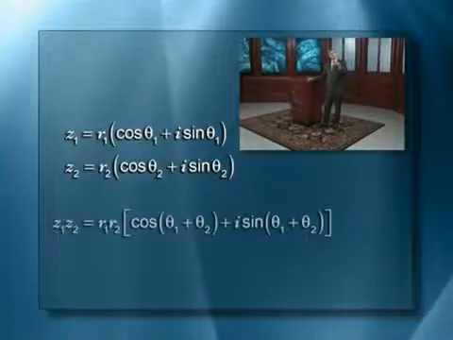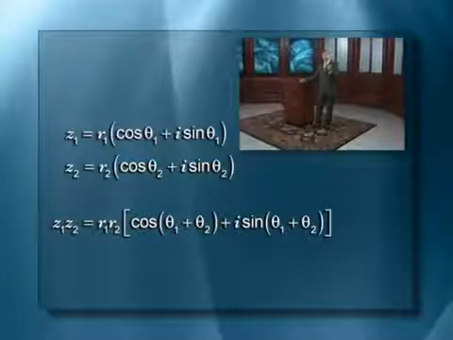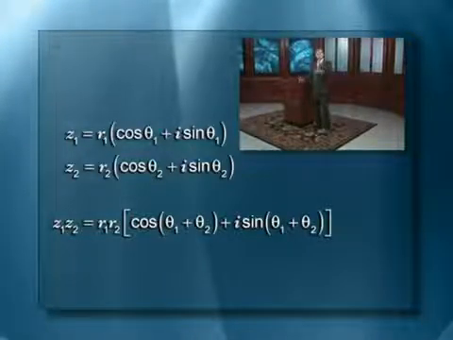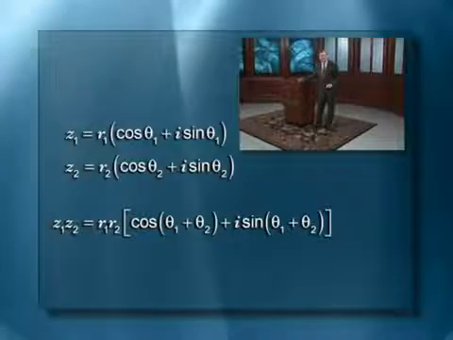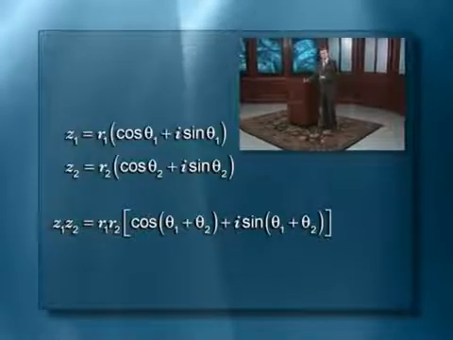Then their product, z1 times z2: you multiply the moduli, r1 times r2, times the quantity cosine, and you add the angles. Wow, how simple. Cosine of theta 1 plus theta 2 plus i sine of theta 1 plus theta 2.